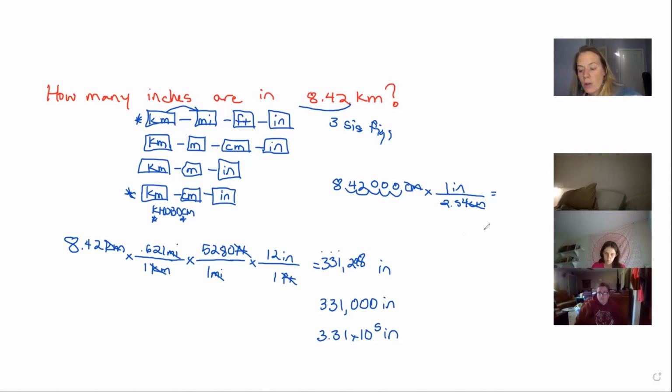You know, the number that it pops out is slightly different, 331,496 centimeters. But still we're going to keep 1, 2, 3 significant figures, which would round it to 331,000 centimeters.